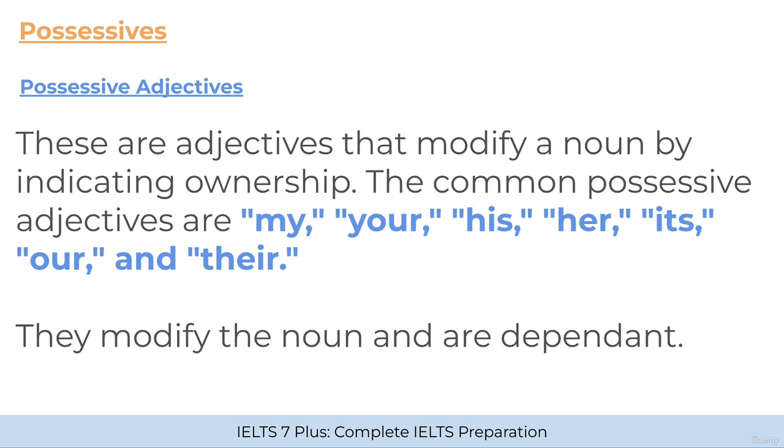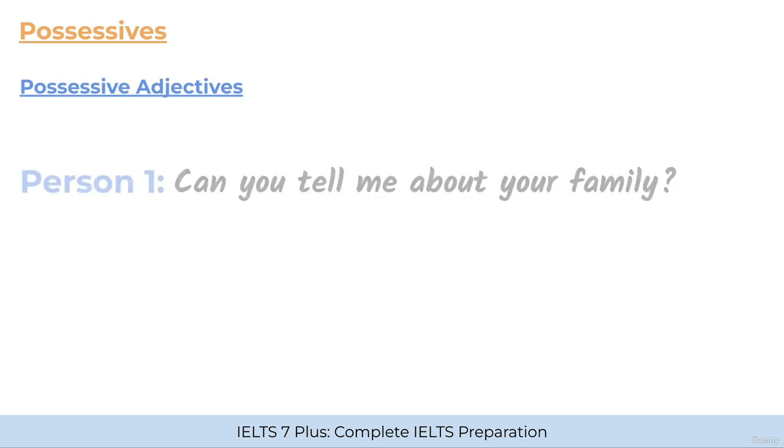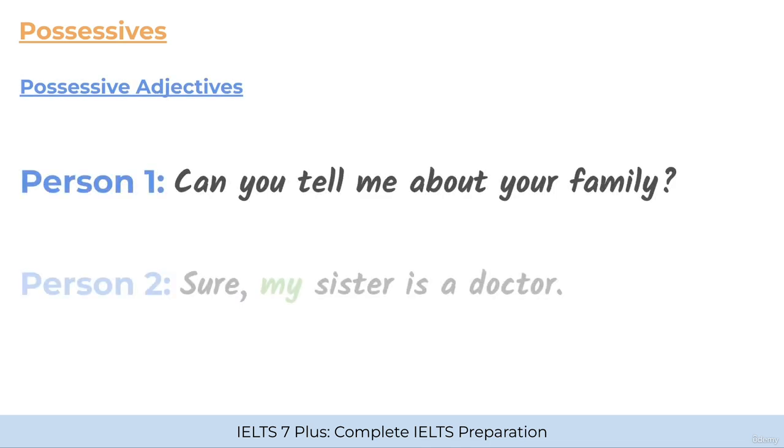Okay, so let's move into possessive adjectives. So a possessive adjective is when it modifies a noun by indicating ownership. And common possessive adjectives are my, your, his, her, its, our, and their. And they modify a noun, which means they are dependent. Okay, let's look at an example. Can you tell me about your family?